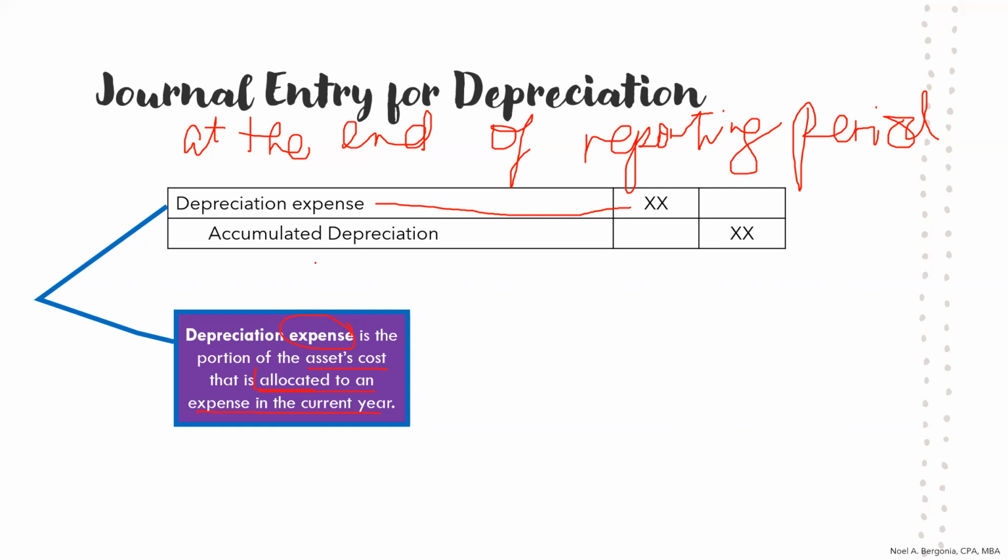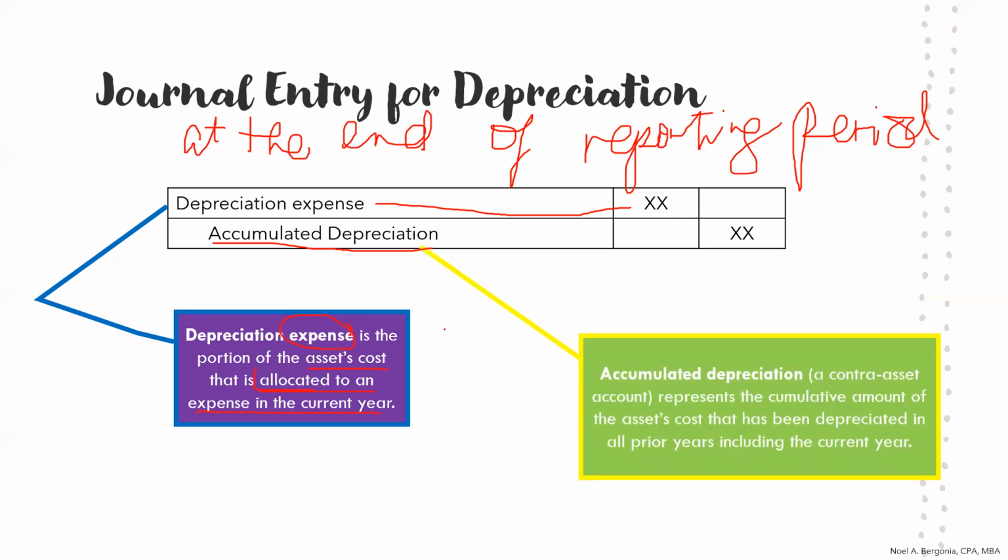And aside from that, we will be crediting yung tinatawag natin accumulated depreciation. O hindi to accumulated depression class, accumulated depreciation. So this is a new account title that you will encounter. Okay, and normal balance yan is credit. So ano po ba tong accumulated depreciation na yan? So that account is referring to another contra asset account.